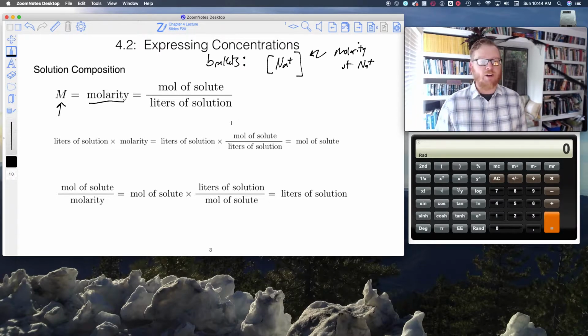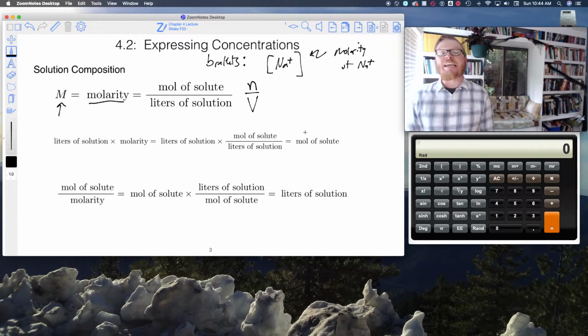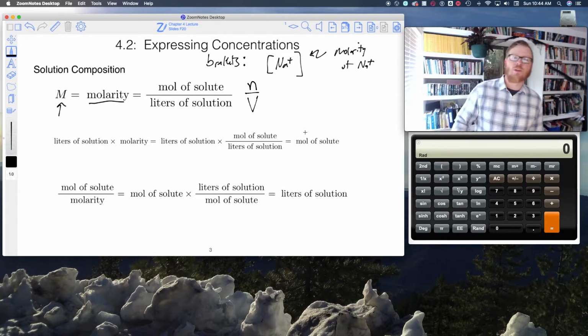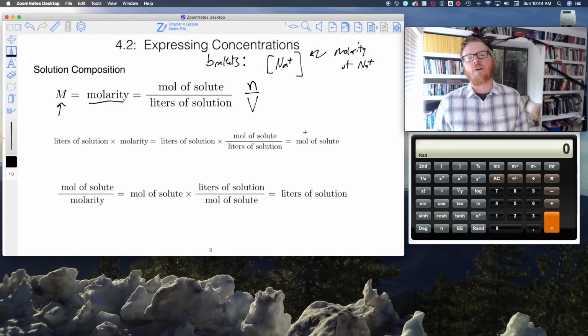So what's molarity? Molarity is the moles of solute divided by the liters of solution. Oftentimes we might see a lowercase n for moles and a capital V for volume of solution.